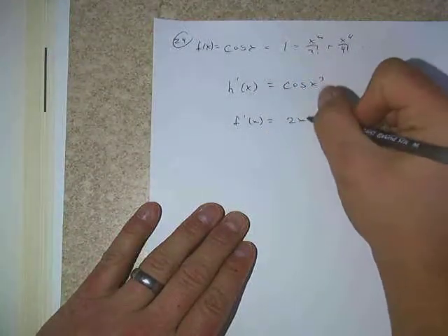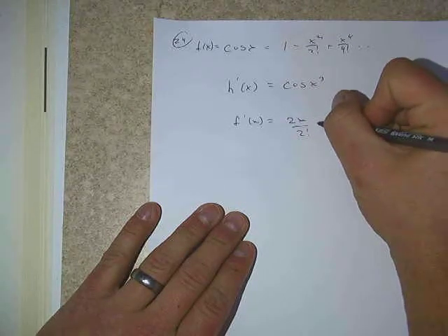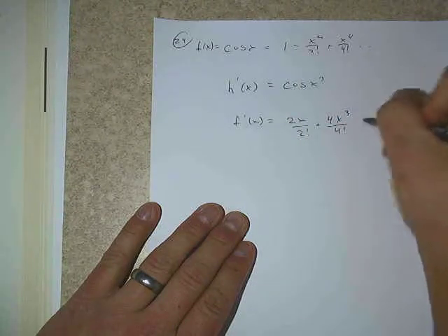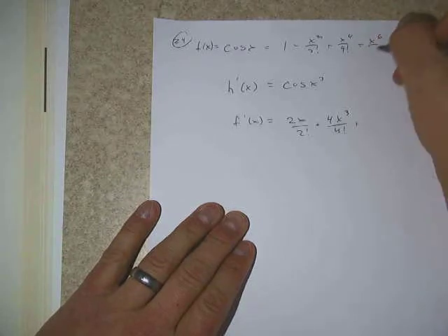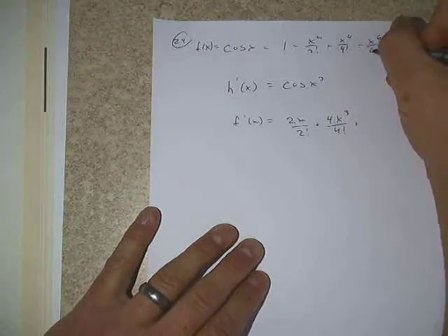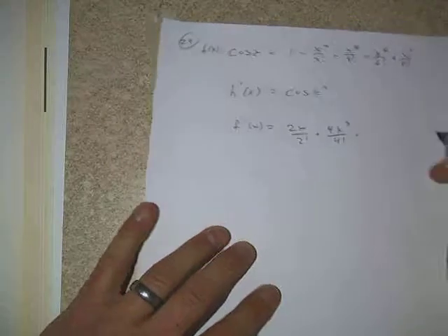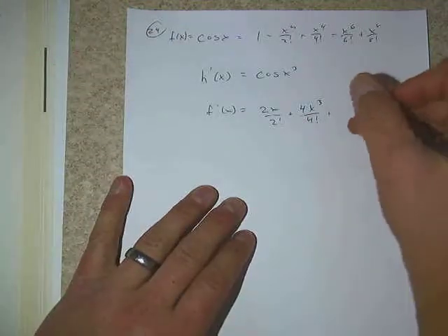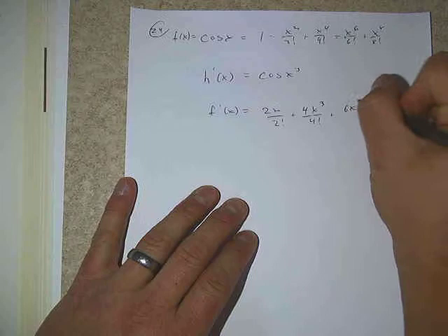If we were to find the derivative of it, f prime, if we were to differentiate these terms, we would get 0 here. We get 2x to the 1 over 2 factorial, which will simplify in a minute. Then we get 4x to the 3 over 4 factorial. And then the next one, remember this was minus x to the 6th over 6 factorial, and then x to the 8th over 8 factorial, and so on.